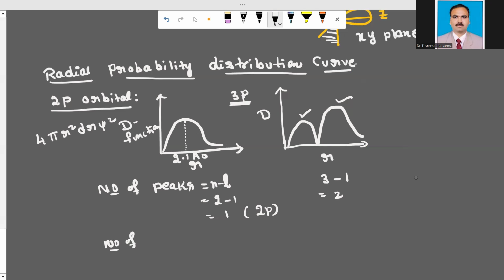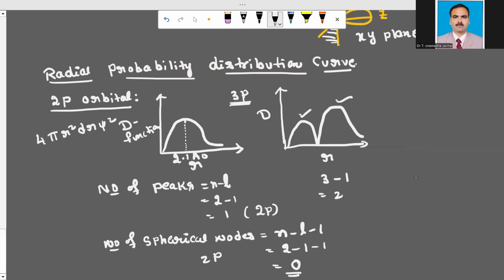Number of spherical nodes is equal to n minus L minus 1. For 2p orbital, n value is 2, L value is 1, 2 minus 1 minus 1 is 0.